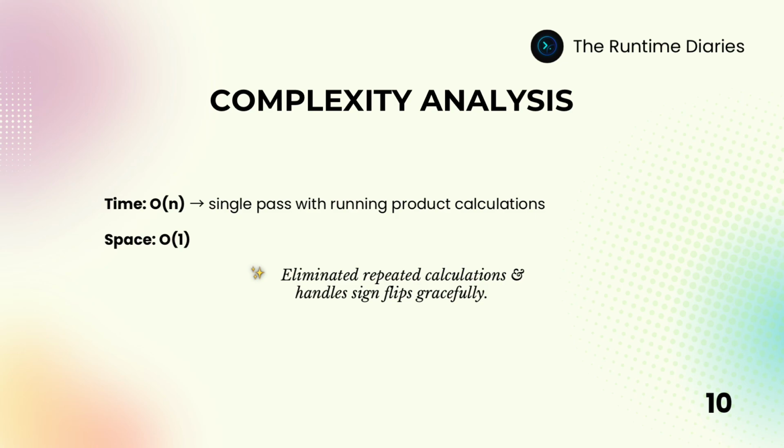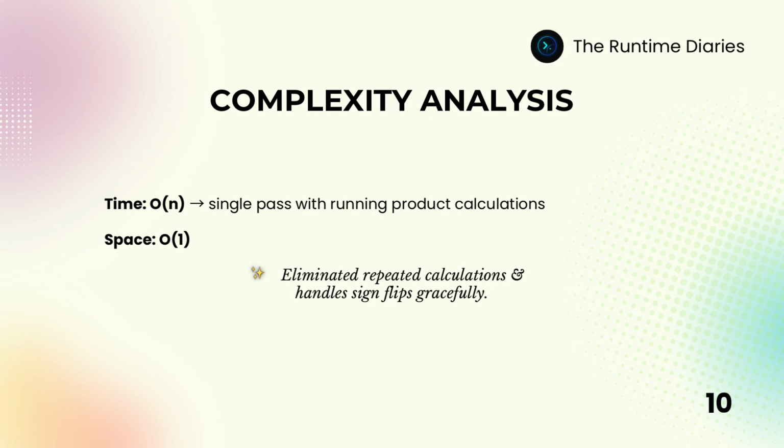In this version, our runtime is O(n), just one sweep through the array. Space complexity is O(1) because we only use a few running variables. We eliminated repeated work, handled zeros and negatives naturally, and maintained a clean single-pass logic. No extra arrays, no division, and no brute force.